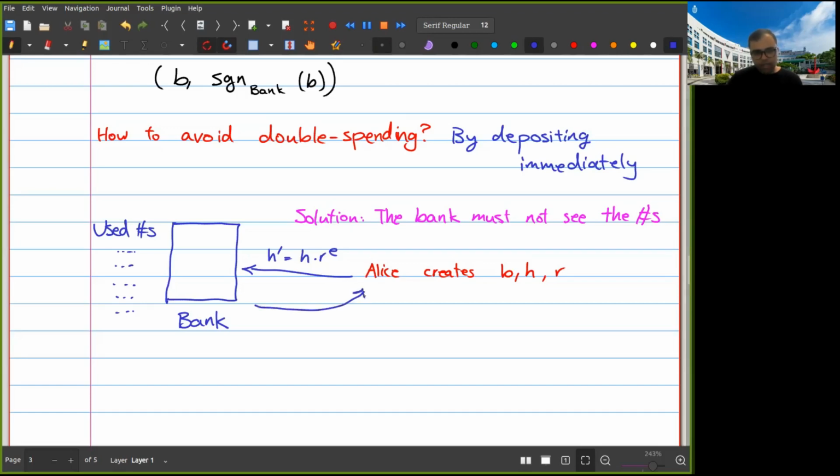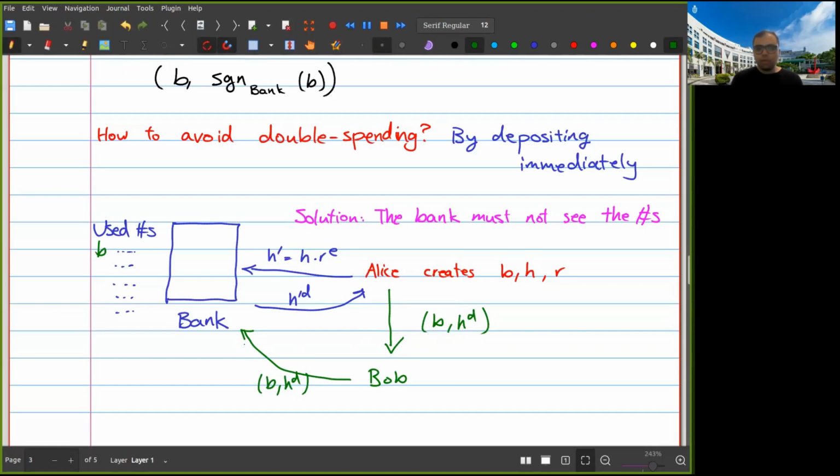The bank sends back its signature on H prime, which was H prime to the power of D. And then if we have Bob here, Alice sends the banknote and H to the power of D to Bob, because after receiving H prime to the power of D, Alice could actually compute H to the power of D, which was the signature on this hash. Bob sends this to the bank, B and H to the power of D. The bank verifies this, and then it just adds B to the list of used banknotes so that no one else can use the same banknote.